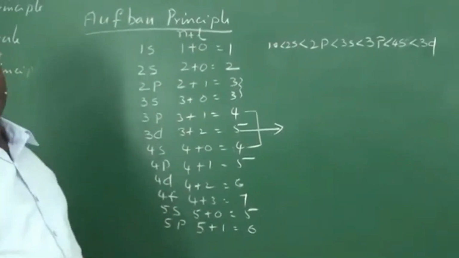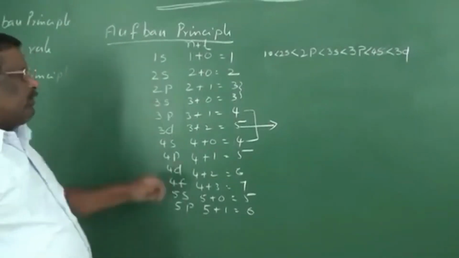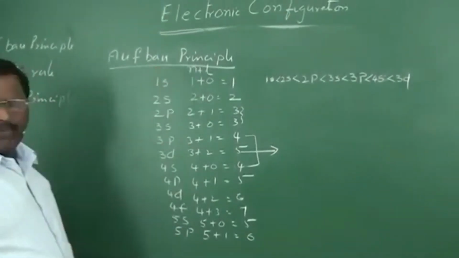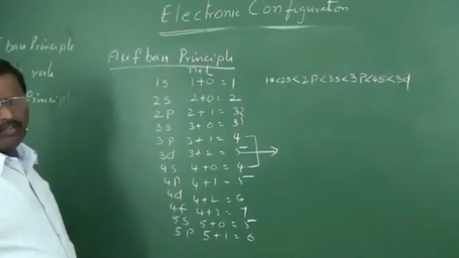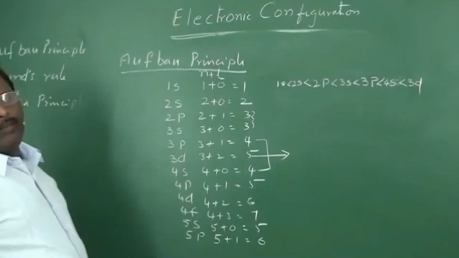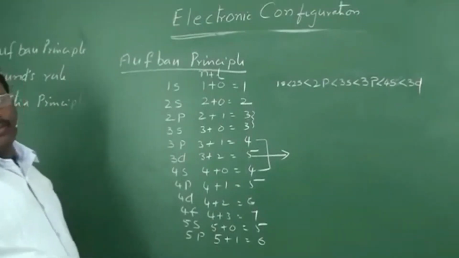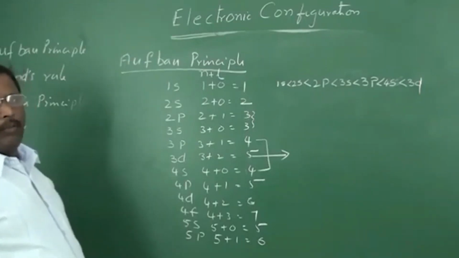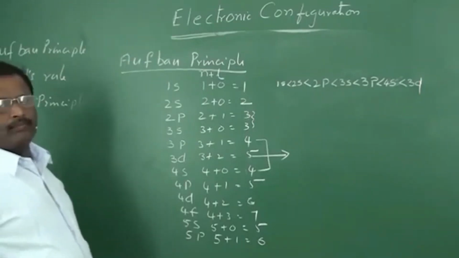So to identify these relative energies, you need not calculate all n plus l values like this. There is a simple technique to remember the relative energies of different atomic orbitals. That technique is given by Moeller's energy diagram.